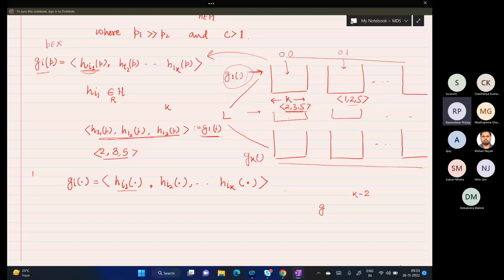So these are functions. What is the parameter to that function? The input will be a data point, so P belongs to X. P here means the data point.